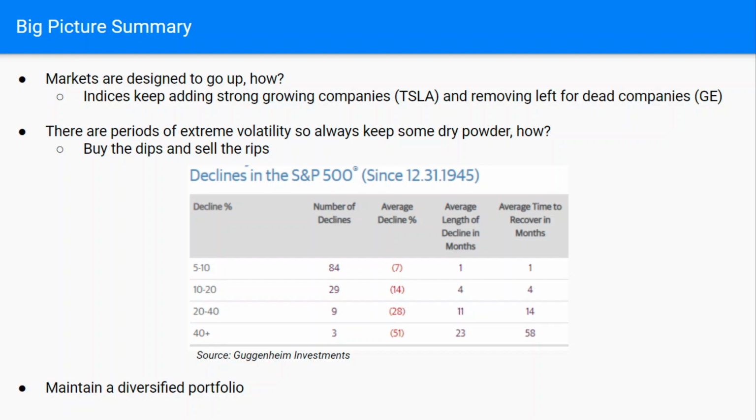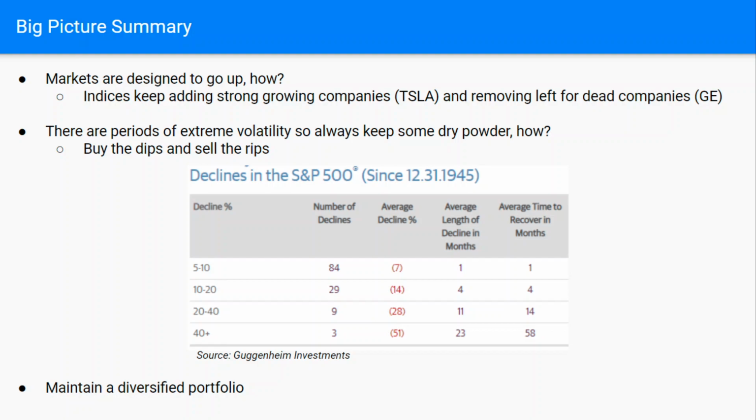The second thing to keep in mind, there will be periods of extreme volatility, and that's when you want to have some money on the side where you can invest and take advantage of these pullbacks. Since 1945, in this chart below, you will see that there have been 5 to 10% declines 84 times.